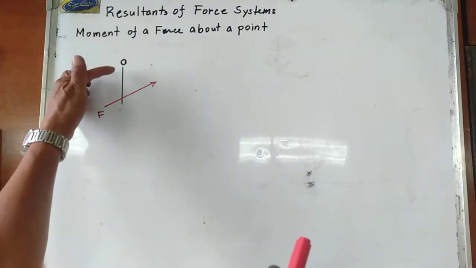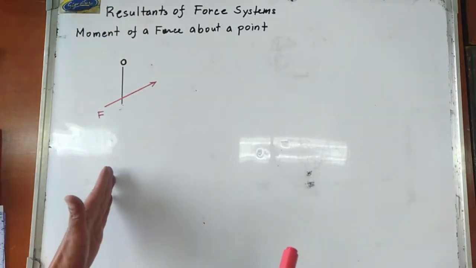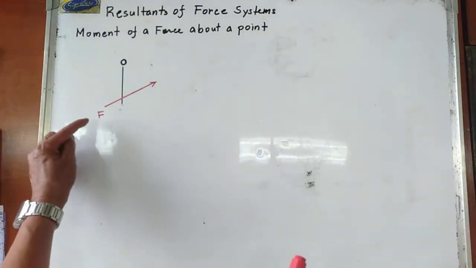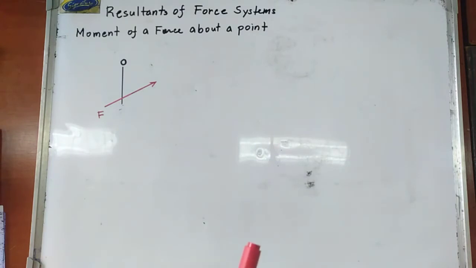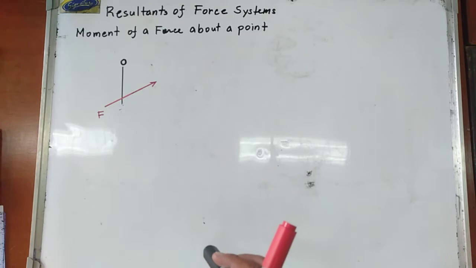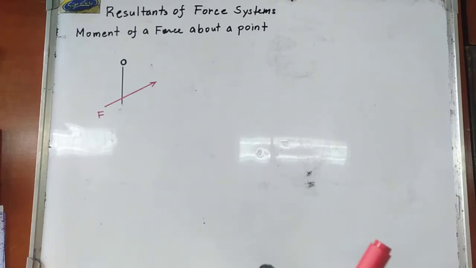Let's consider that this is now your point O, or the axis at point O. How are we going to determine the moment of this force about point O? When we're speaking of a moment, this is the perpendicular distance from that point or axis to the line of action of the force.